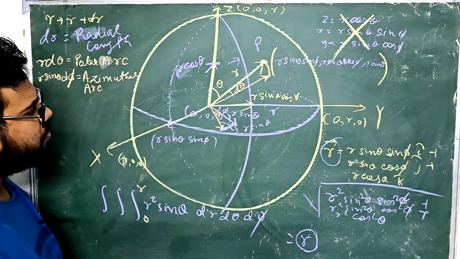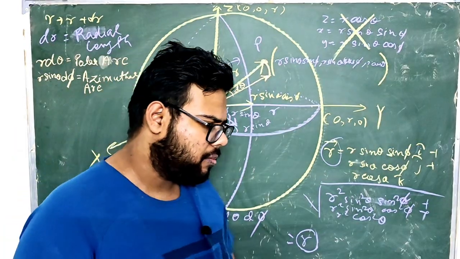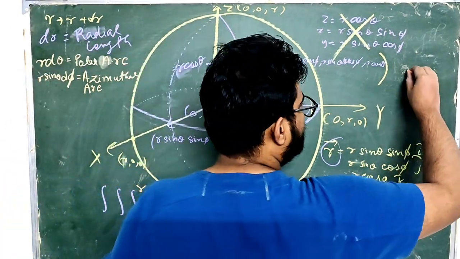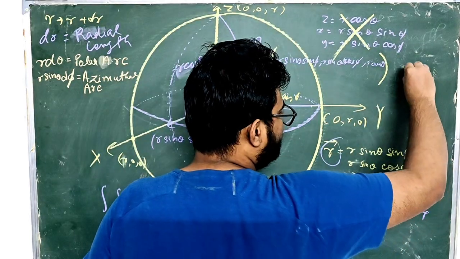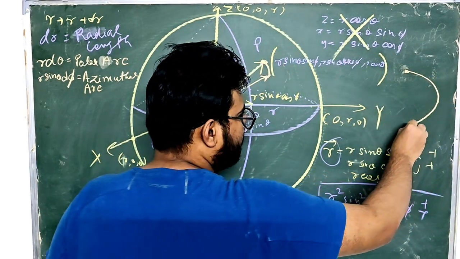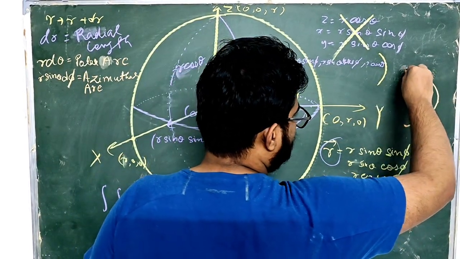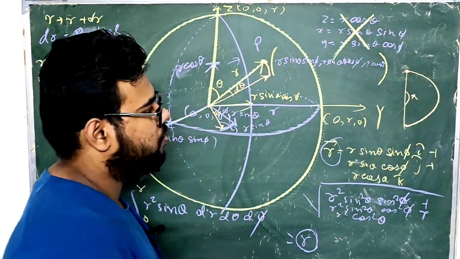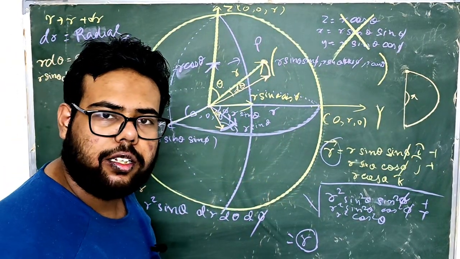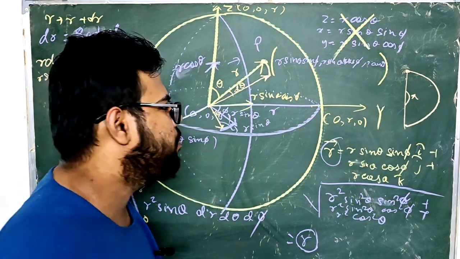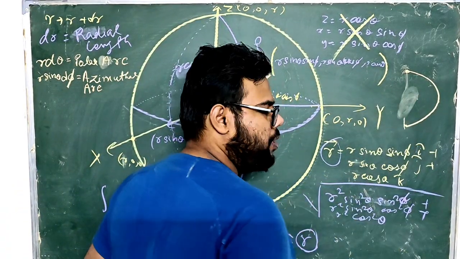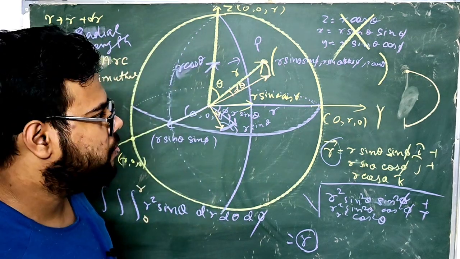d theta, it's an arc. Suppose this is the point. This is a semicircular arc actually. Of course, this is not there. This is a semicircular arc, right?